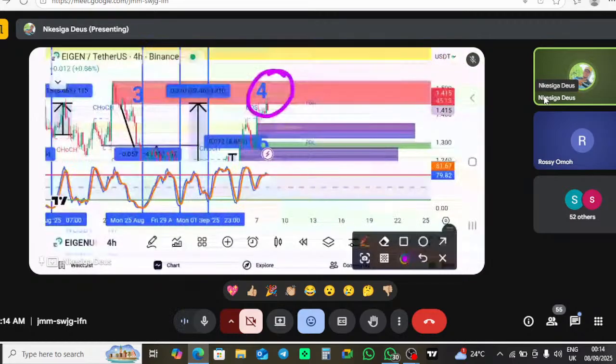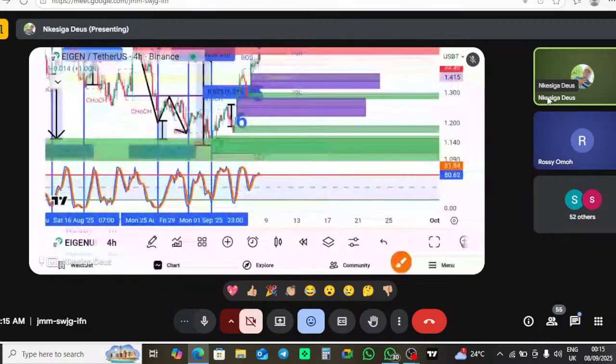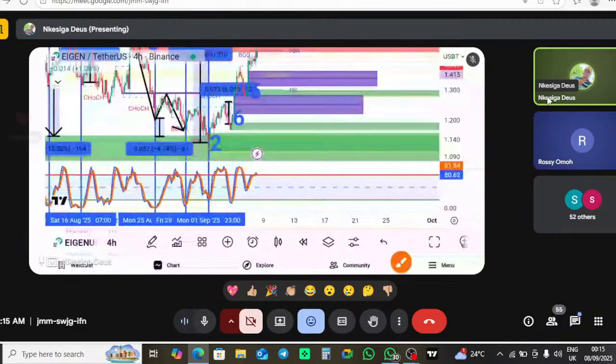If we fail to break it, and you see the rejection around here, the market will drop, going back to these blocks down here, because some are still valid, and we need to come back and test them. Are we together? Unless you have questions. Me, I'm done. If you combine the 2 indicators, you trade. You must trade where it is necessary.